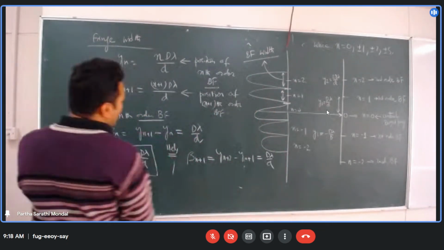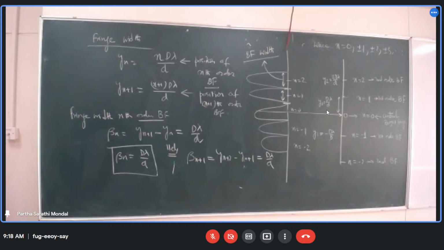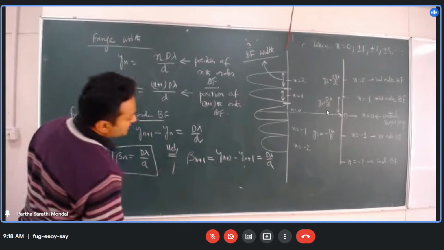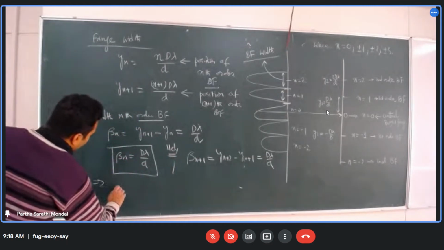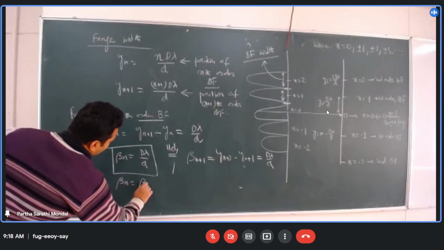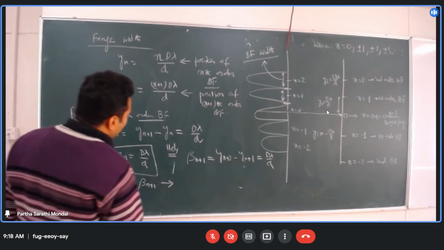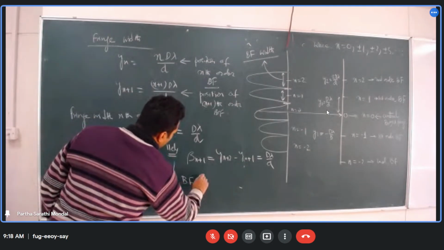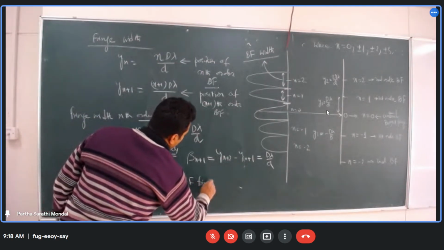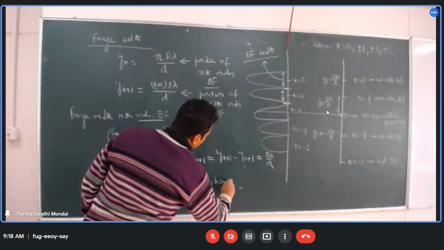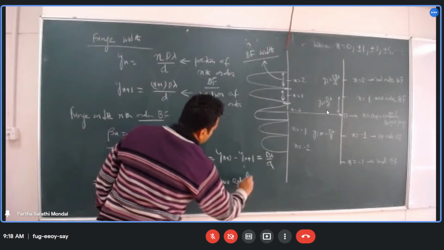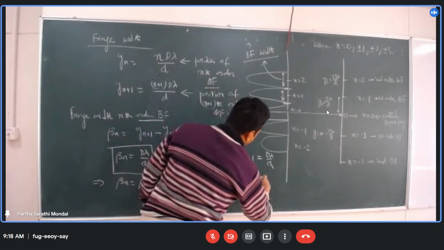So that means all fringes have equal width. That means β_n equal to β_(n+1), which means the bright fringes have equal width.